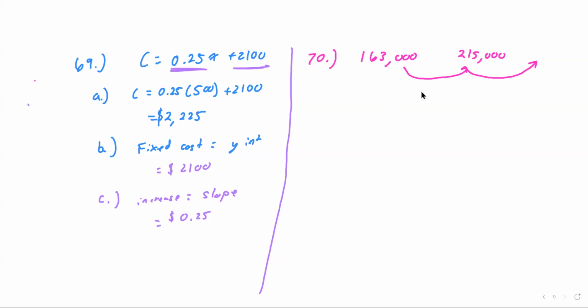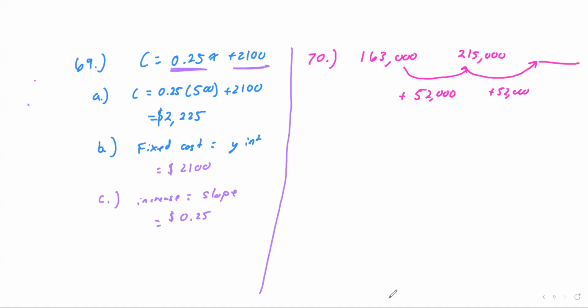And we can see that it increased by 52,000. Right? Now, assuming it's linear, that means it'll keep increasing by the exact same amount. So I'm going to add 52,000 here to give me my new total for the next predicted year.